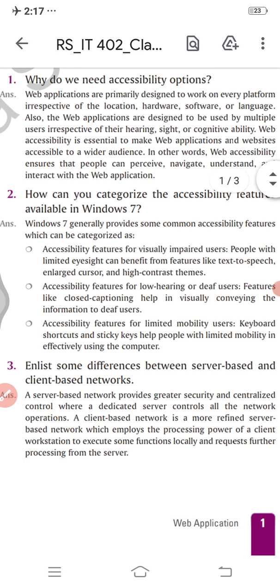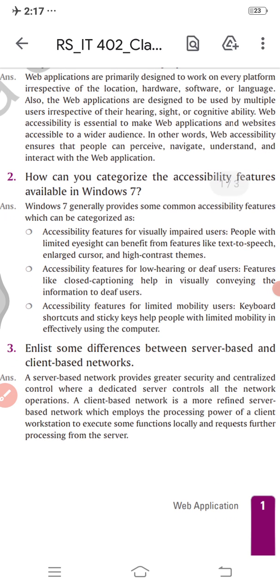So dear students, I want to tell you that a server based network provides greater security and centralized control, where a dedicated server controls all the network and operations. A client based network is a more refined server based network which employs the processing power of a client workstation to execute some functions locally and request further processing from the server.